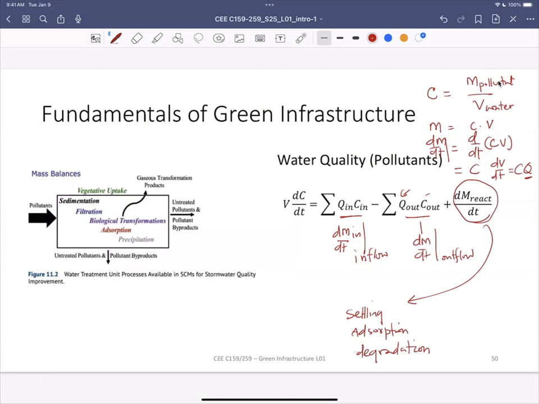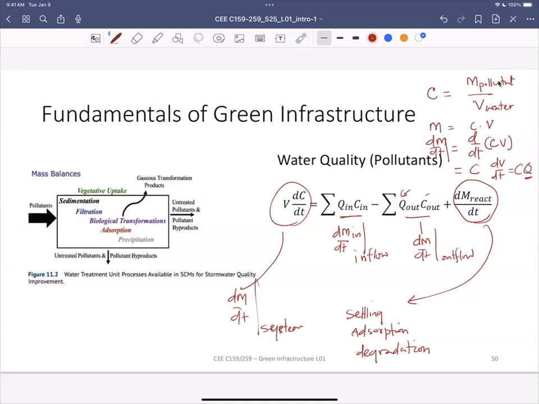When you account for all those things, that will determine how much mass of pollutant is removed, or how much pollutant is there in the water in that system. This could be the amount of pollutants removed or collected in the system. It could also be, for instance, a detention pond or another location like a wetland, where you can calculate the concentration of pollutant as a function of what's coming in, what's going out, and what's being degraded.